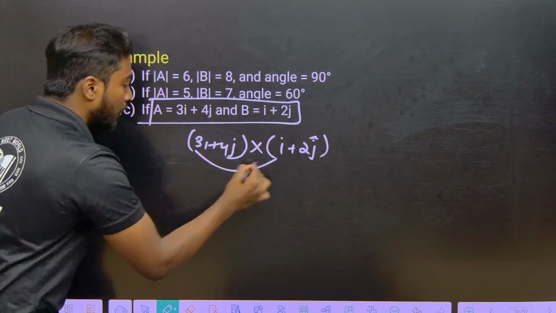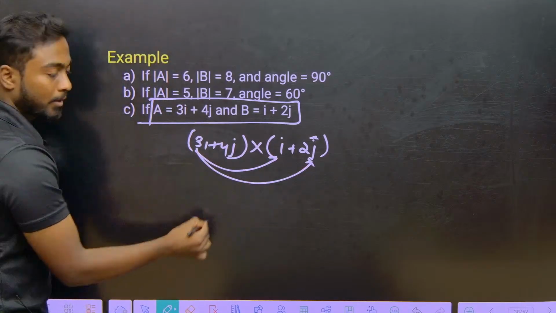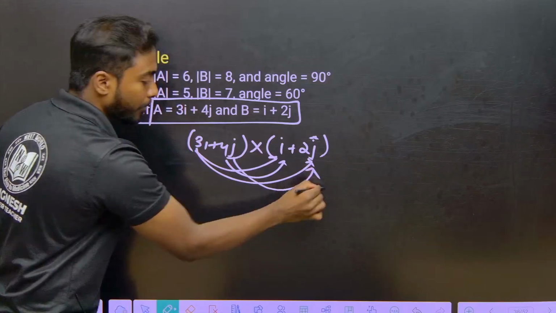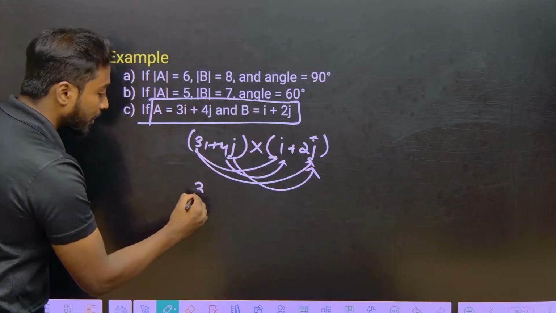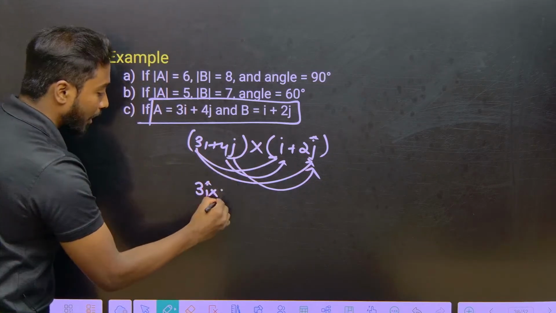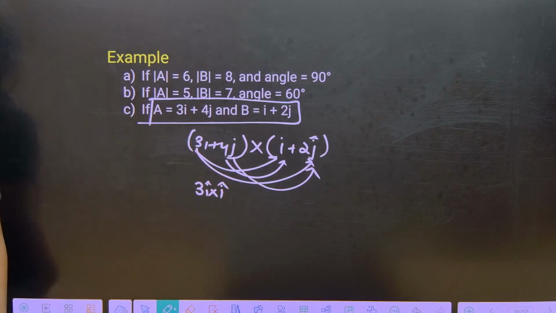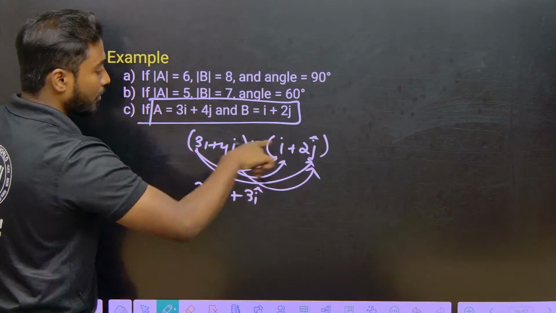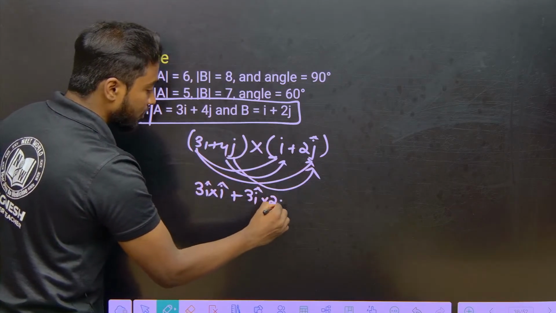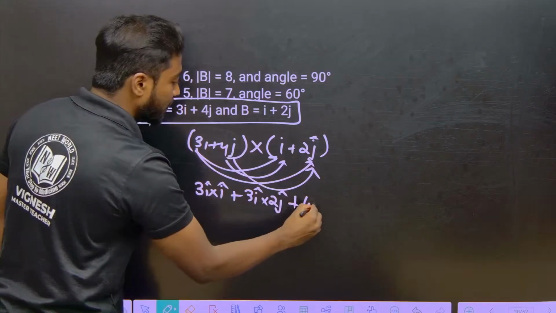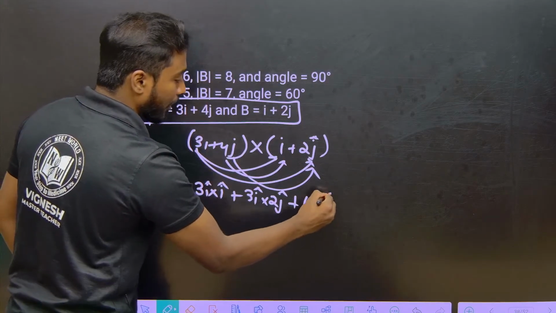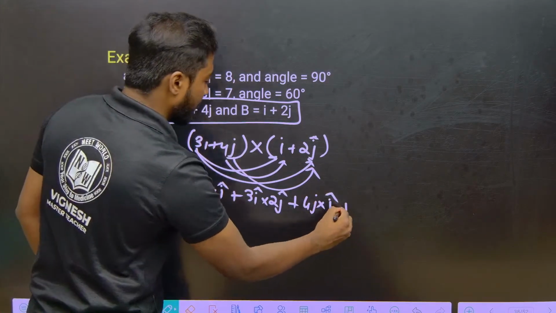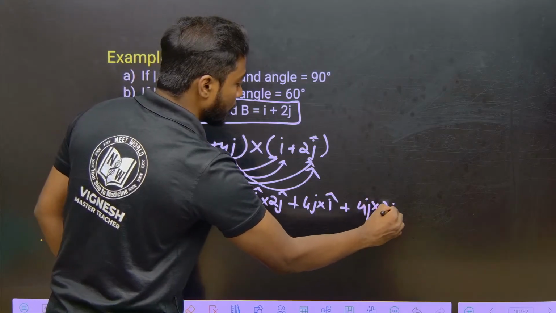I will multiply this one, no? Again I will multiply. Okay, 3i cross i, i cross i is 0. Now plus 3i into 2j, plus 4j into i, plus 4j into 2j.